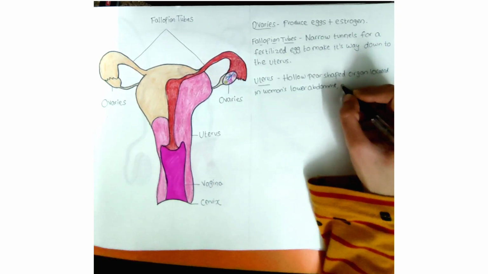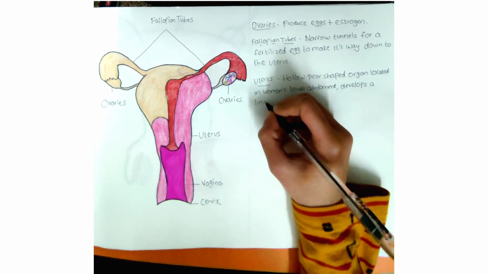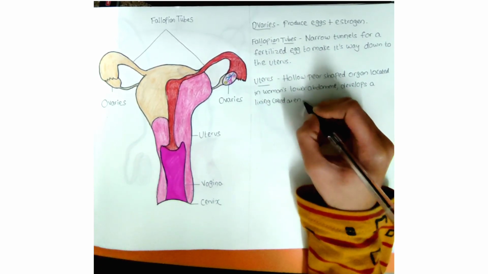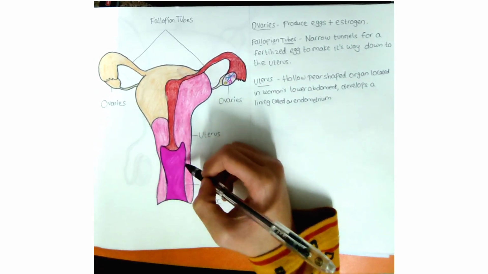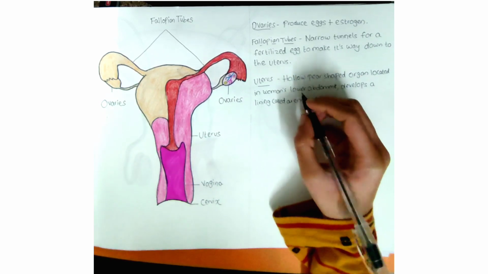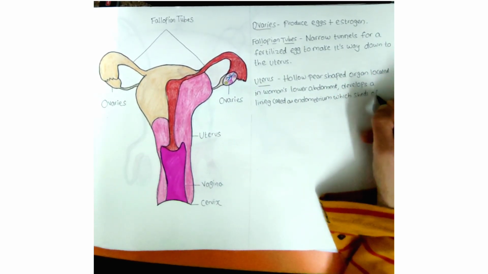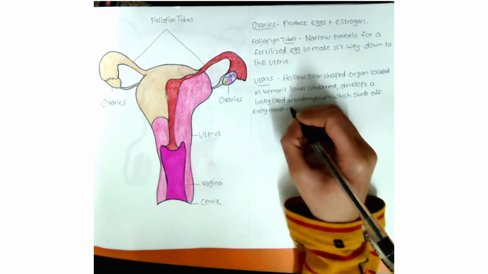The uterus also develops a lining each month, called the endometrium. This lining is very rich in nutrients, of course for the possible fetus. And if the egg is not fertilized, then this lining is shed each month, and this results in bleeding.